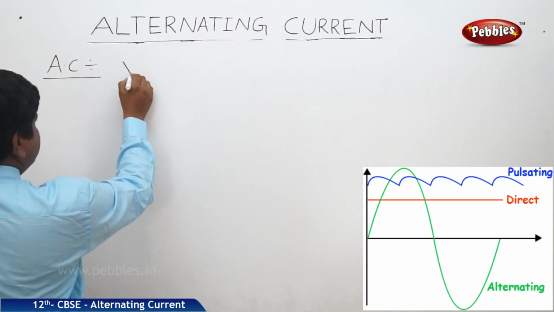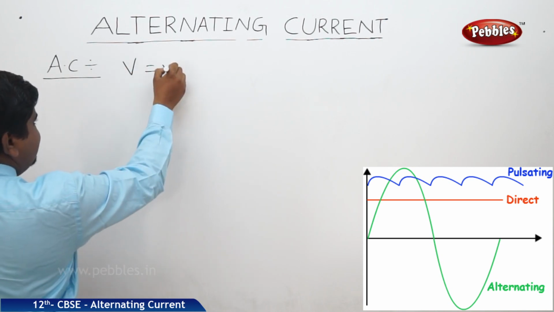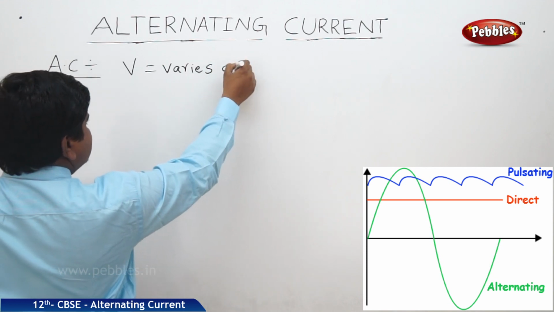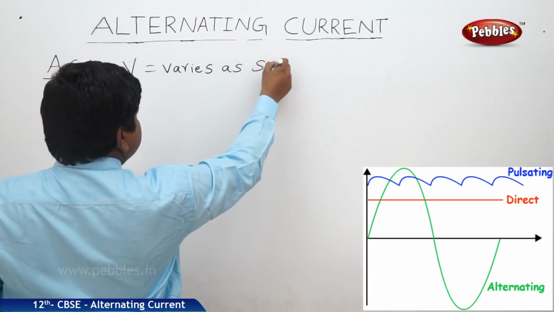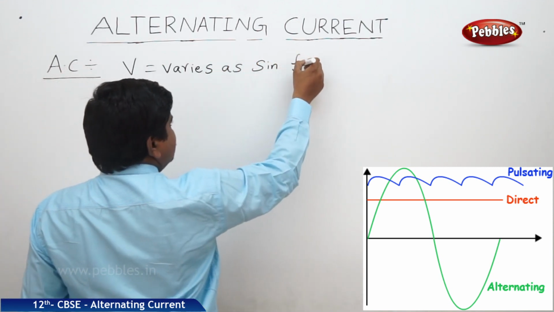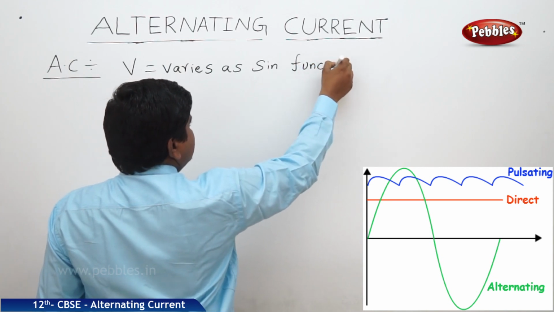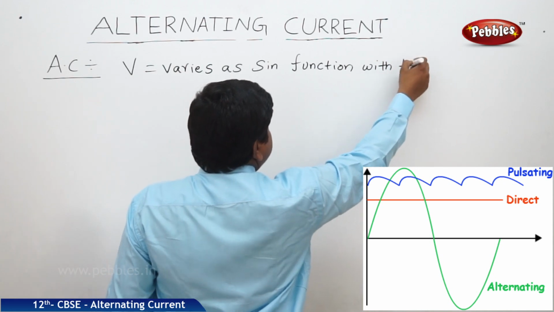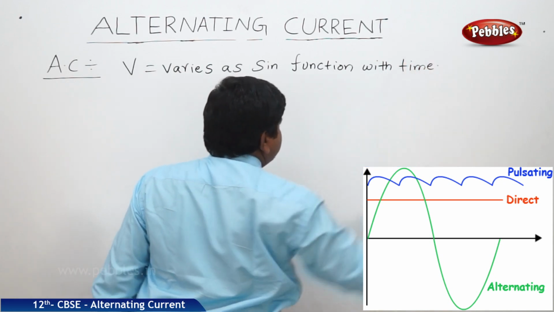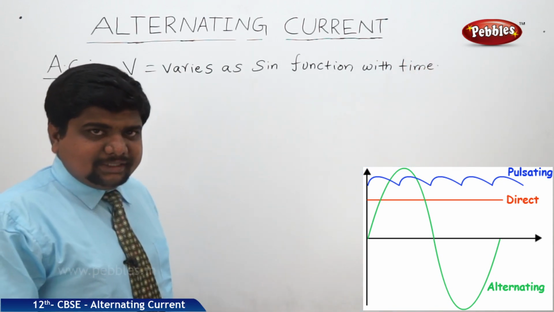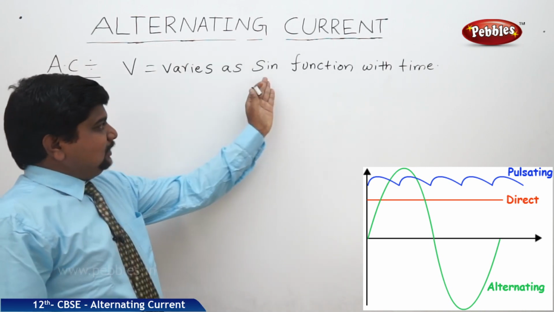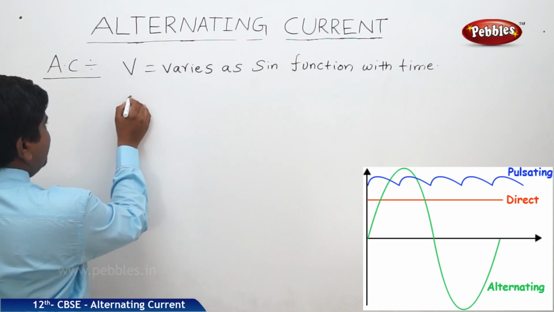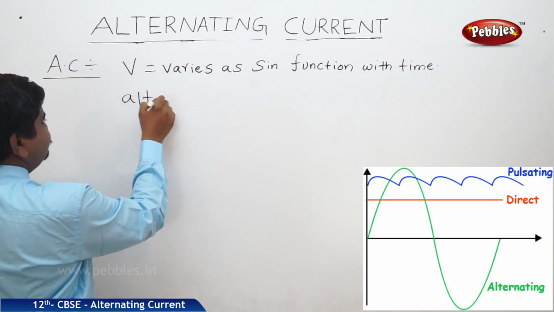The voltage supply varies as a sine function with the time. If any voltage applied is varying as a sine function with respect to time, that voltage is called alternating voltage.